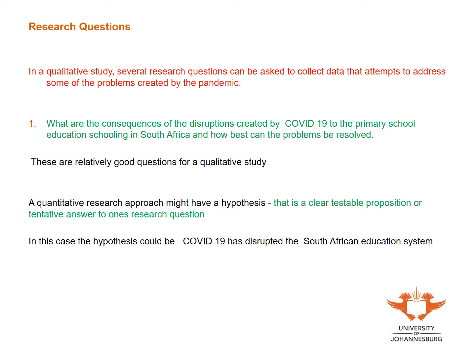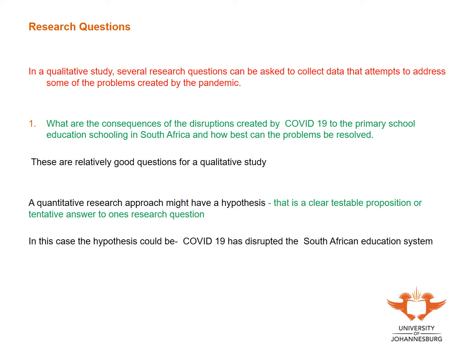And I've also said, because in research, a good research does not just look at what the problem is, but it also looks at how we address the problem. In other words, what are the consequences of the disruptions of COVID-19 in the education system?